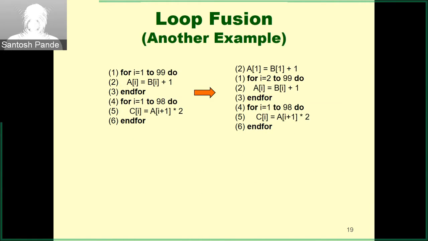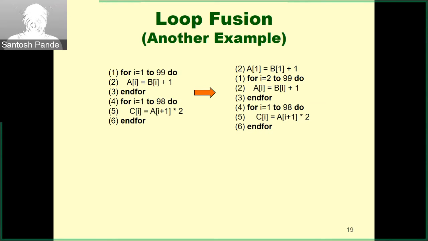So here is an example of that problematic loop in a different way. Here we have one loop going from 1 to 99 of A of I, and the second going from 1 to 98, C of I is equal to A of I plus 1 plus 2.